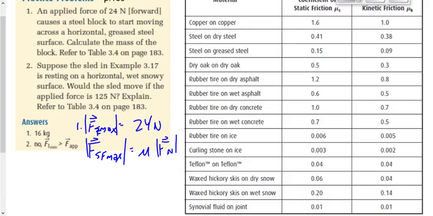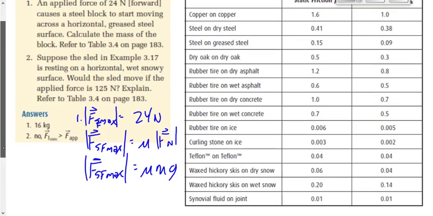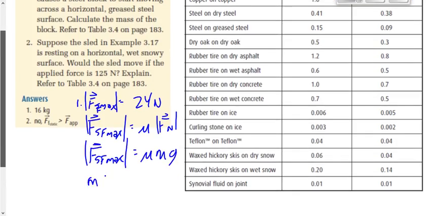Mass times gravity, mass times 9.81. So FSF max is equal to mu times m times g. And we're going to rearrange this to solve for mass. So it's FSF max, the maximum force of static friction, which we know, divided by mu times g.